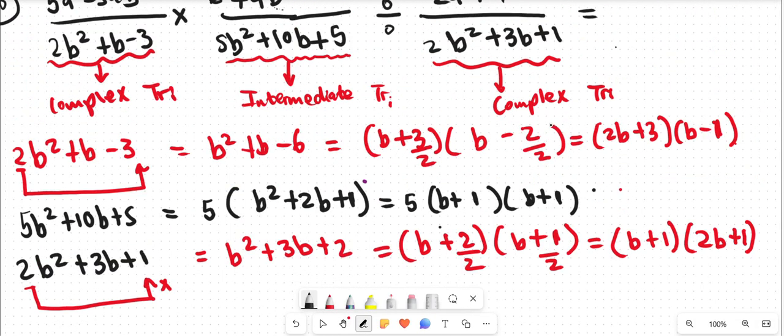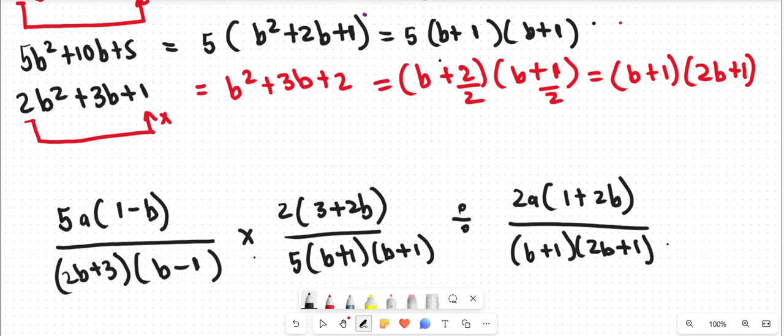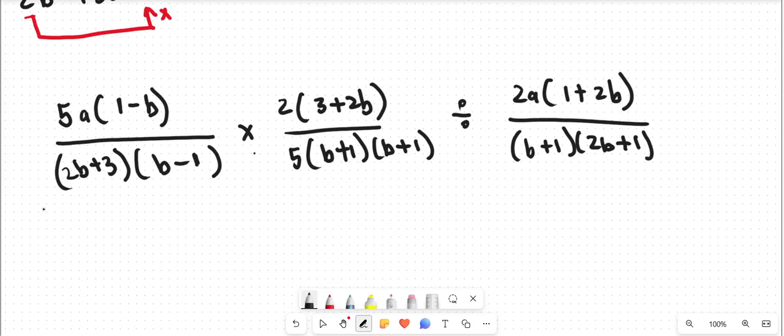If I take out a 2a here, as you see, it's going to be a 1 plus 2b. Then at the bottom here, I have a b plus 1 with the 2b plus a 1. All right, cool. Everything is factorized.